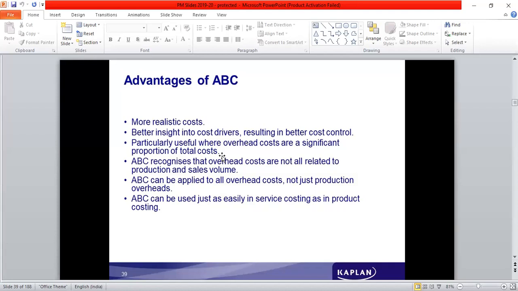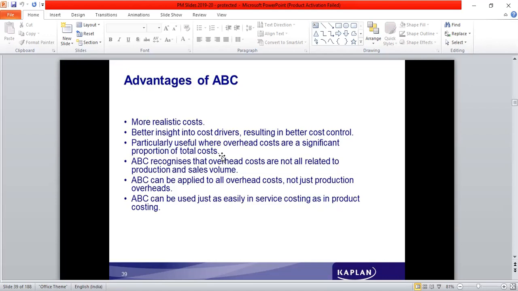Now the overhead costs are much larger in the total cost. The percentage of overhead cost has increased, so one mistake with the allocation of overhead cost will affect the business very drastically. Therefore, it is important that overhead costs are appropriately allocated. Then, ABC recognizes that overhead costs are not all related to production and sales volume. In the question we have seen, there was setting up the machine and purchasing related costs.